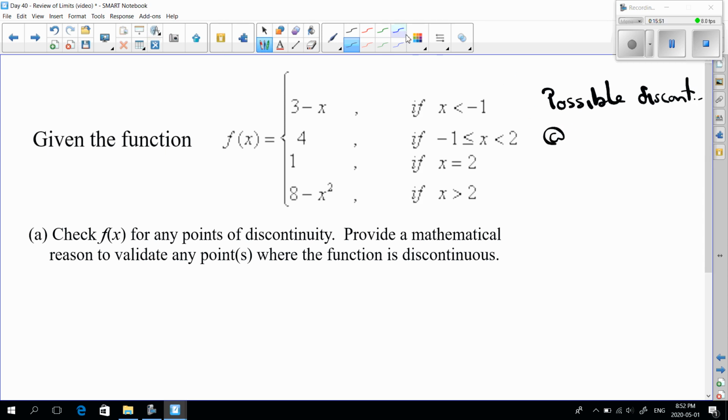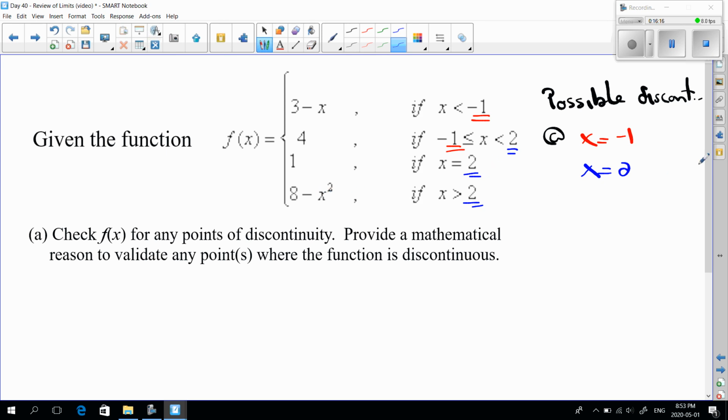There could be one at -1. And there also could be one at 2. How do I know that? That is where the function is changing from 3 minus x to 4. It's changing at -1. And it's changing from 4 to 8 minus x squared at 2.